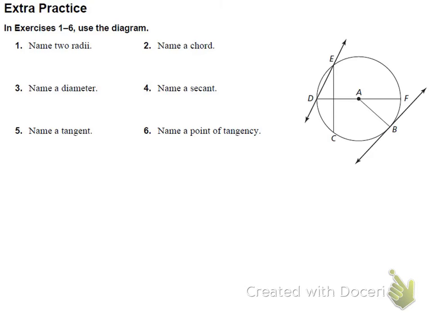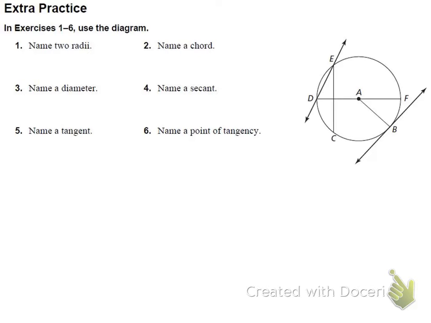Here we go. So we're going to use that in this diagram below. We're actually going to name everything, not just one or two like it says. We're going to name radii. That's the plural form of radius. We're just going to name all of them. A radius goes from where to where? Center to the edge.